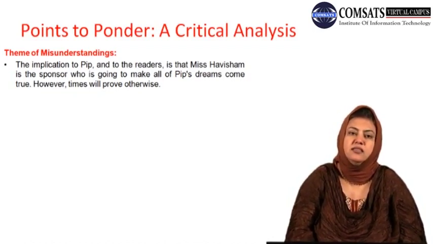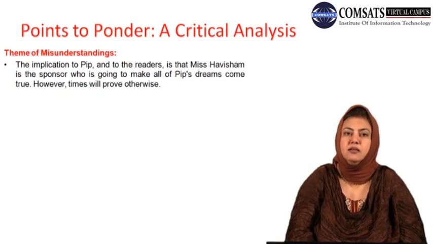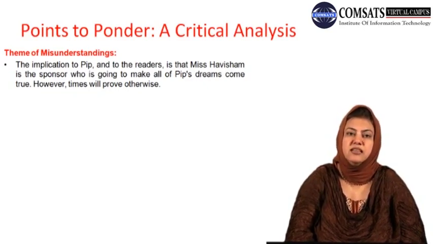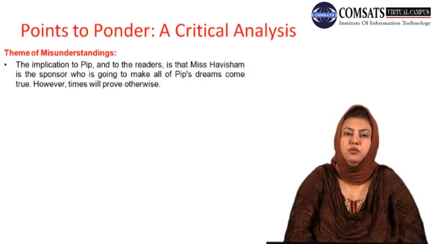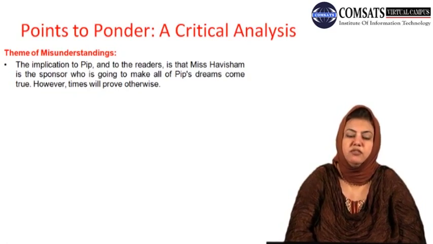Now, because Jaggers is somebody whom Pip has met at Miss Havisham's place, the person who is going to tutor him, who is going to teach him, is yet another man who is associated somehow with Miss Havisham.